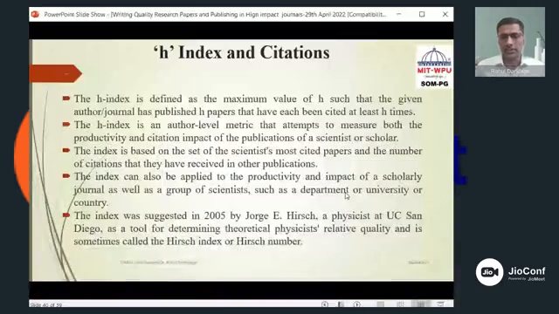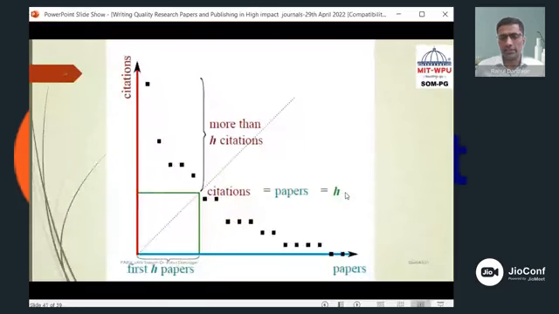H index, in a crux I will mention: a journal will have different citations. Citations are nothing but how many research papers have referred to your research paper. If we put all your research papers into descending order of the citations received, we have to cross-check the number of citations against the number of research papers.